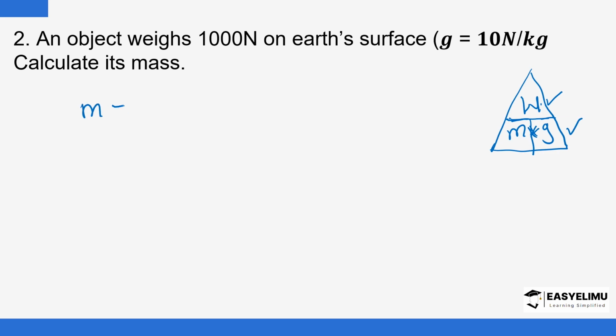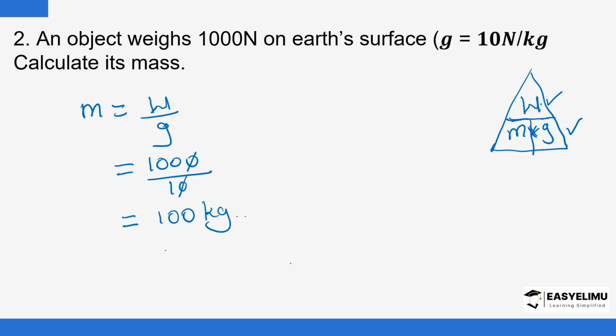So mass should be equal to weight divided by gravity. Weight is 1,000 newtons and gravity is 10. So 0 cancels 0. Then I have 100 what? Kilograms. That is again so easy.